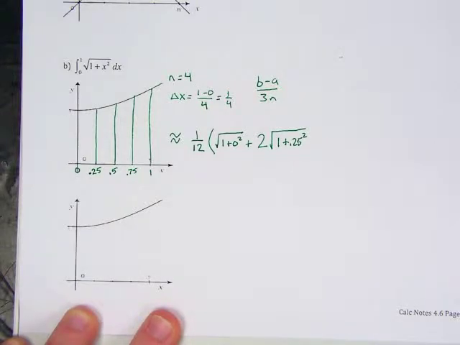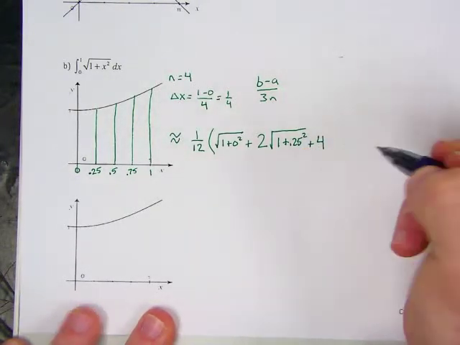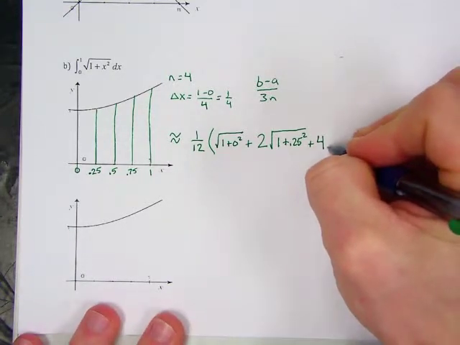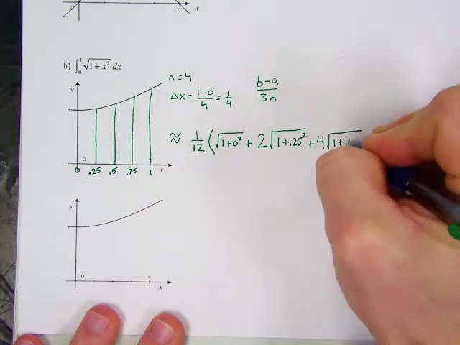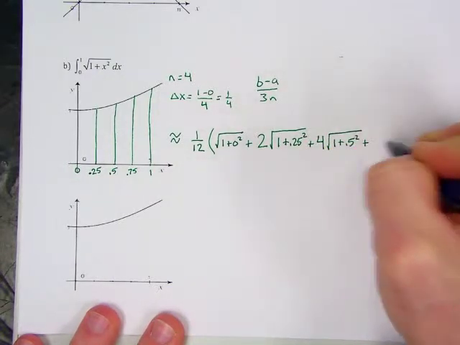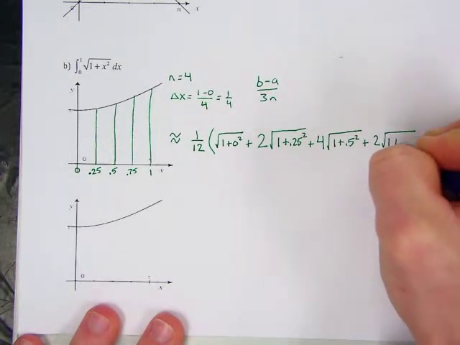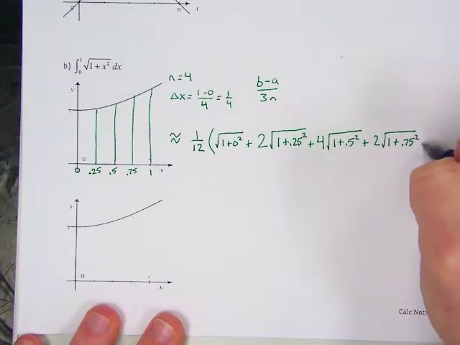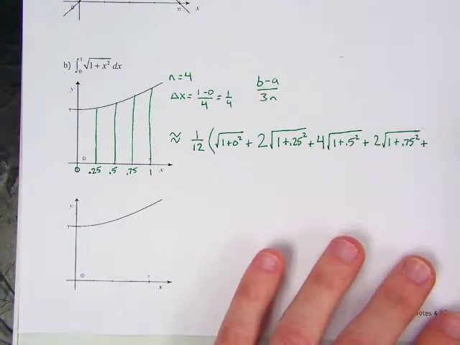Next one's 4. So plus 4 square root of 1 plus 0.5 squared. And then plus 2 square root of 1 plus 0.75 squared. But I thought it had to have a 4 before it had a 1. No, it doesn't have to. So just plus 1.